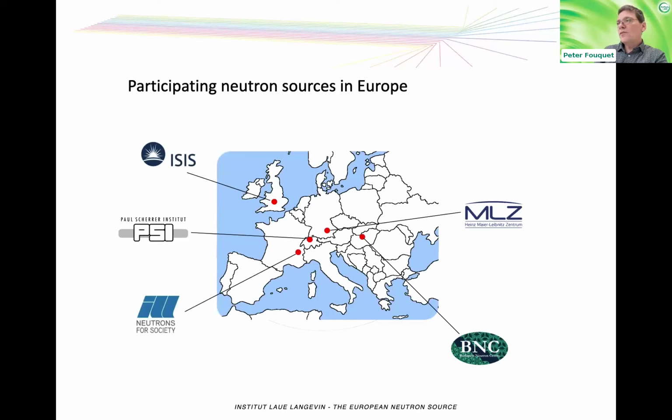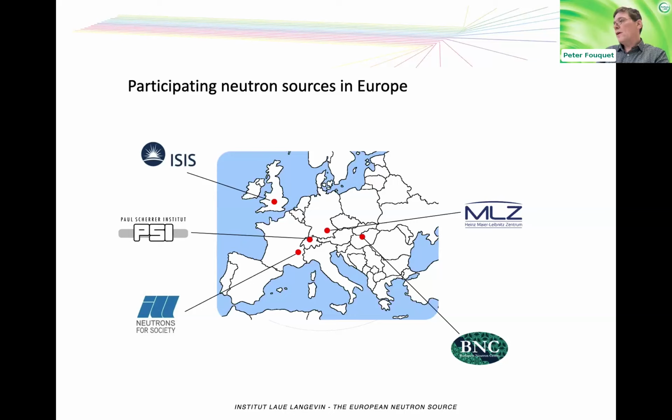So the neutron sources that we have in REMATE, there are 5 of them. They are all members of the network LENS. We have in the UK ISIS as a spallation source. We have PSI in Switzerland, who have a synchrotron and neutron source, most notably. We have the Heinz Maier-Leibnitz Zentrum with a reactor in Garching next to Munich.